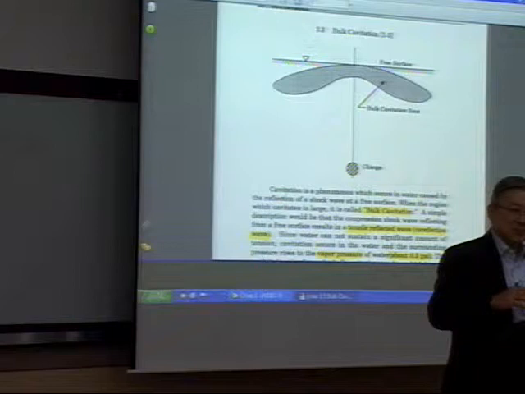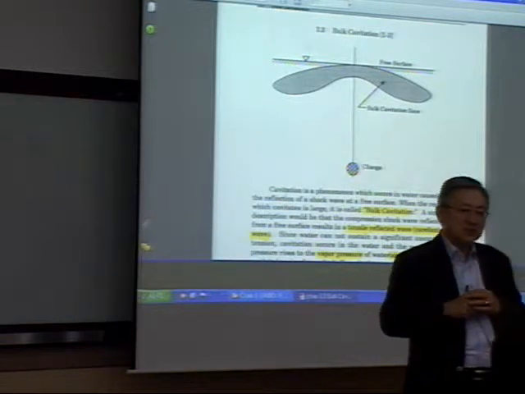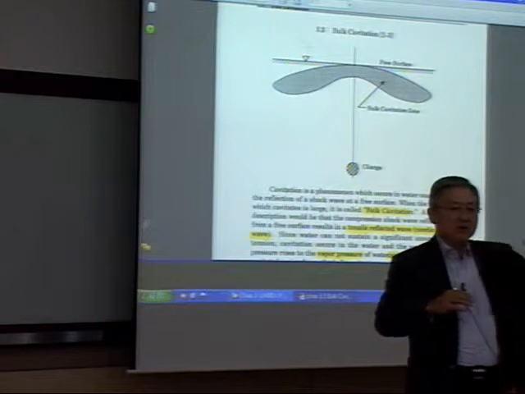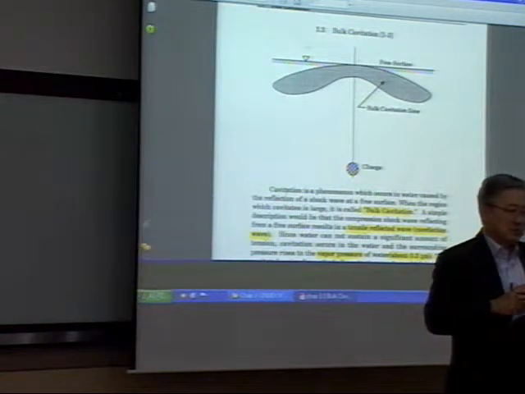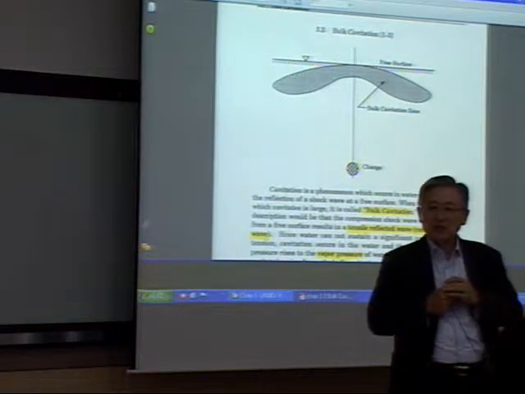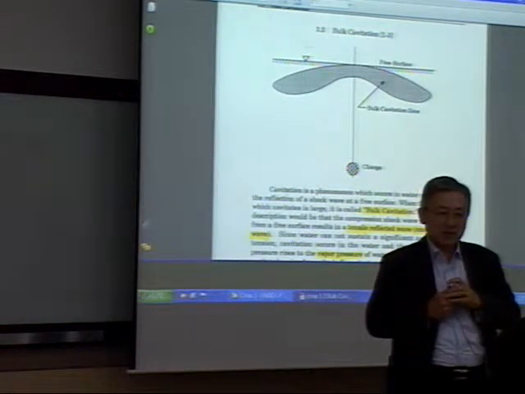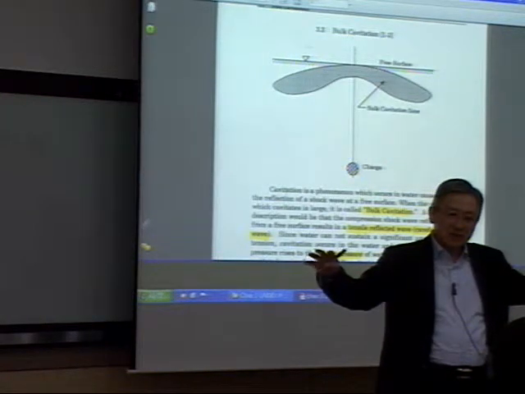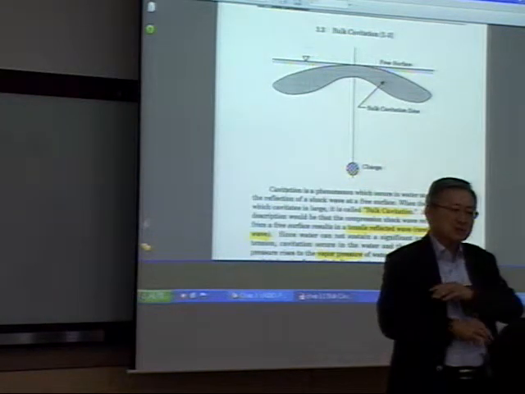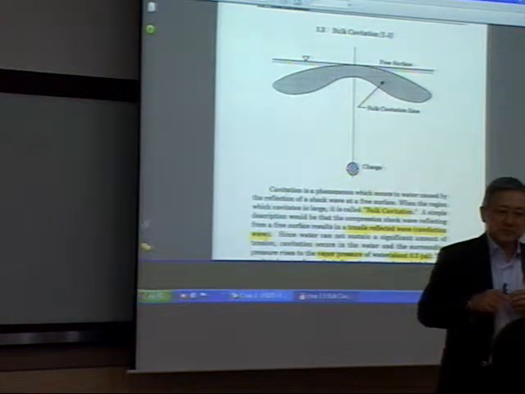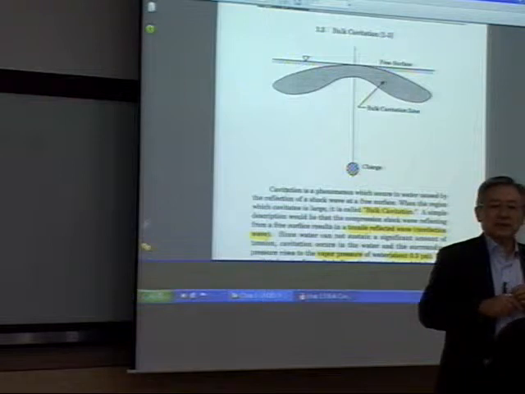Such bulk cavitation never happens when you have a rigid surface. When the wave hits the rigid surface, it's going to have a compressive wave. But on the free surface, nothing stops. Water particles can just kick in any direction. Then the bulk cavitation occurs.